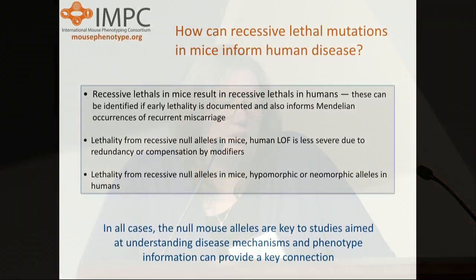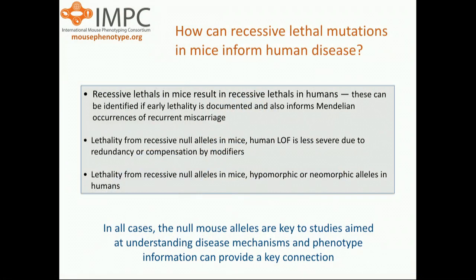The other thing that you can consider is, in looking at many of the genes that have disease associations, the opposite is true. So we find that while the gene is lethal in mice, there are diseases where even adult humans suffer from loss of function diseases where there are adult human phenotypes. And in some cases, this is because the human loss of function alleles are less severe due to redundancy or compensation by modifiers.